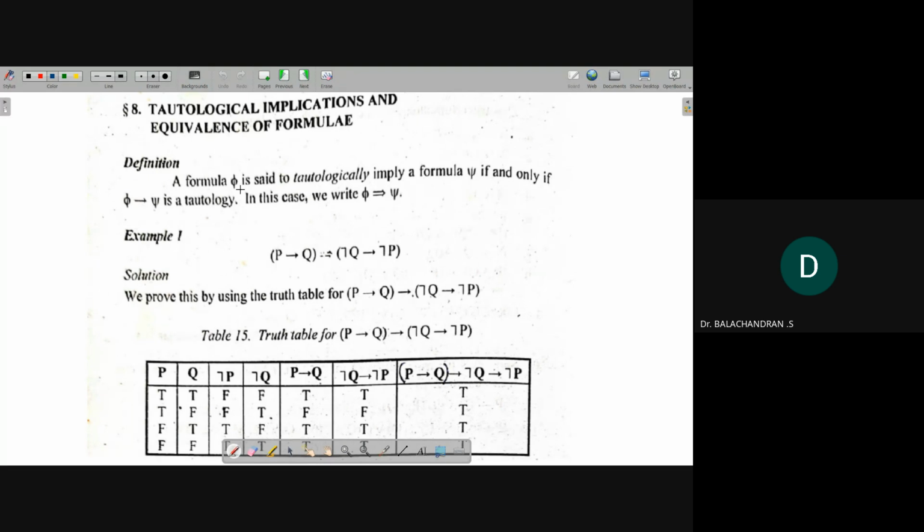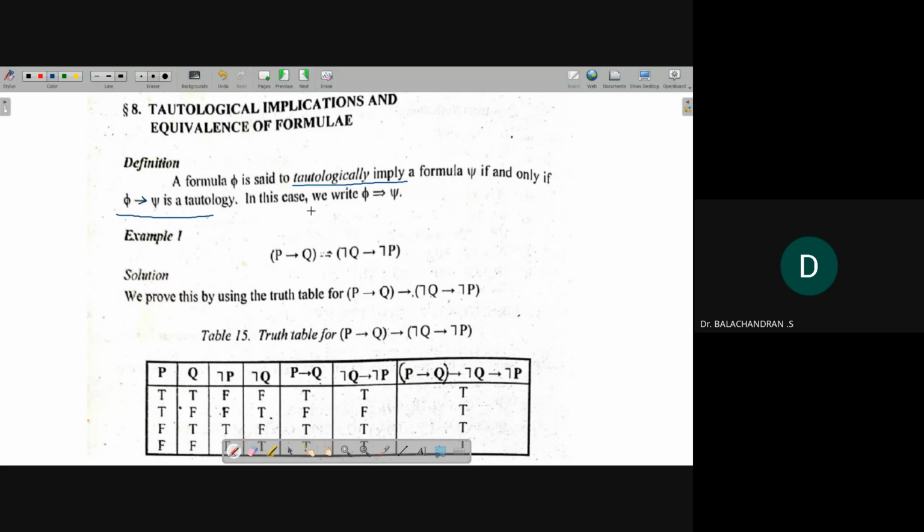A formula phi is said to tautologically imply a formula psi if and only if phi implies psi is a tautology.